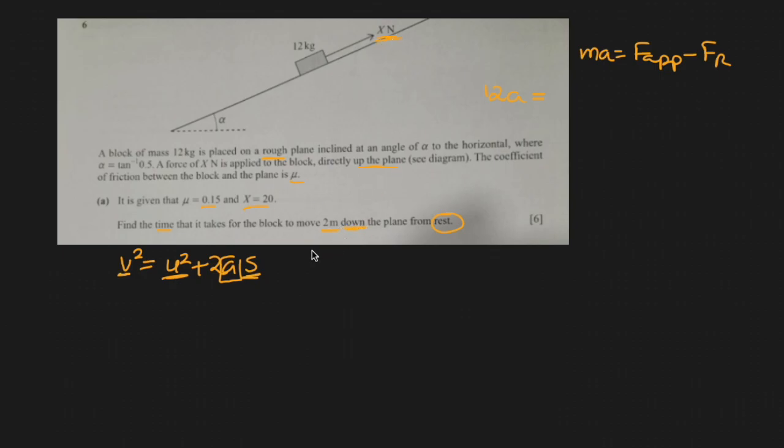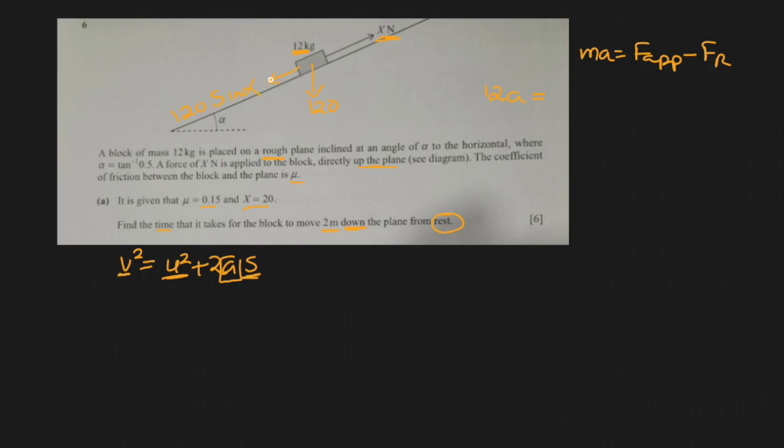The force that takes it along in the direction of the motion is called the applied force. And what is the force that is taking it down? It is the component of the weight downwards, which is the weight, 120 newtons, times the sine component, sine alpha.